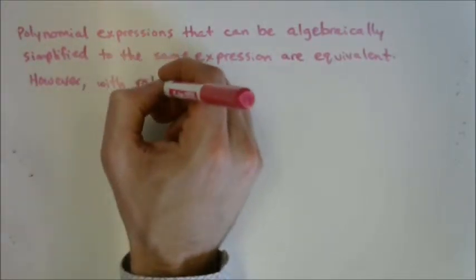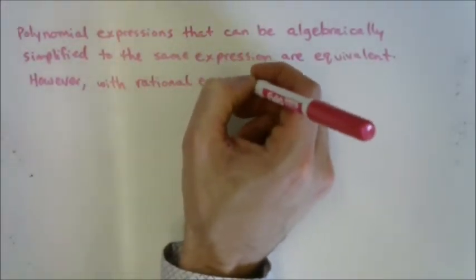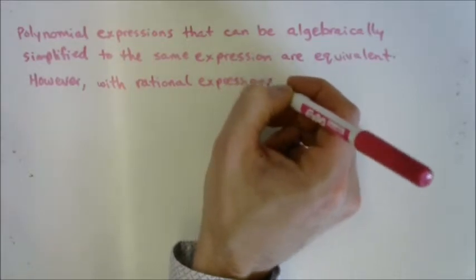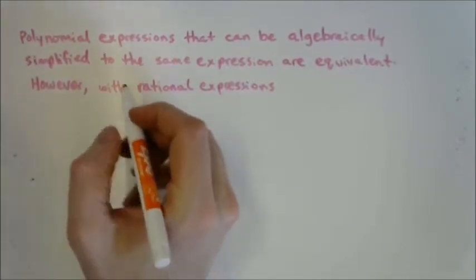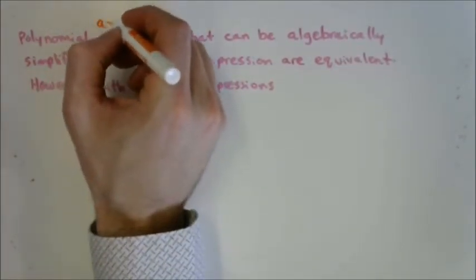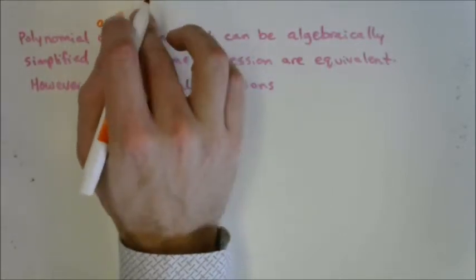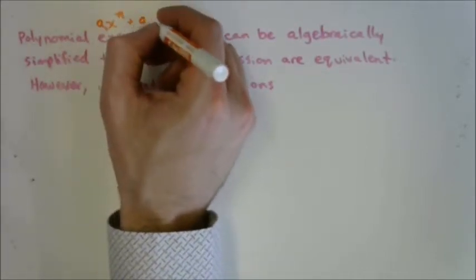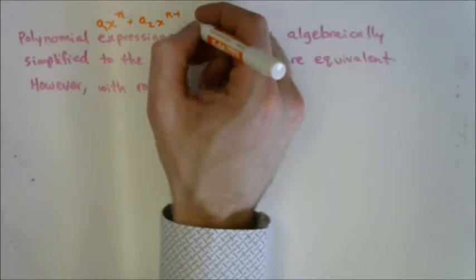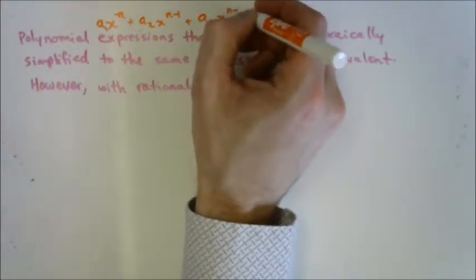with rational expressions, so a polynomial expression, maybe we can just give ourselves a little reminder of what a polynomial expression is. That's anything in the form of a_0 x to the power of n plus a_1 x to the power of n minus 1, plus a_2 x to the power of n minus 2.